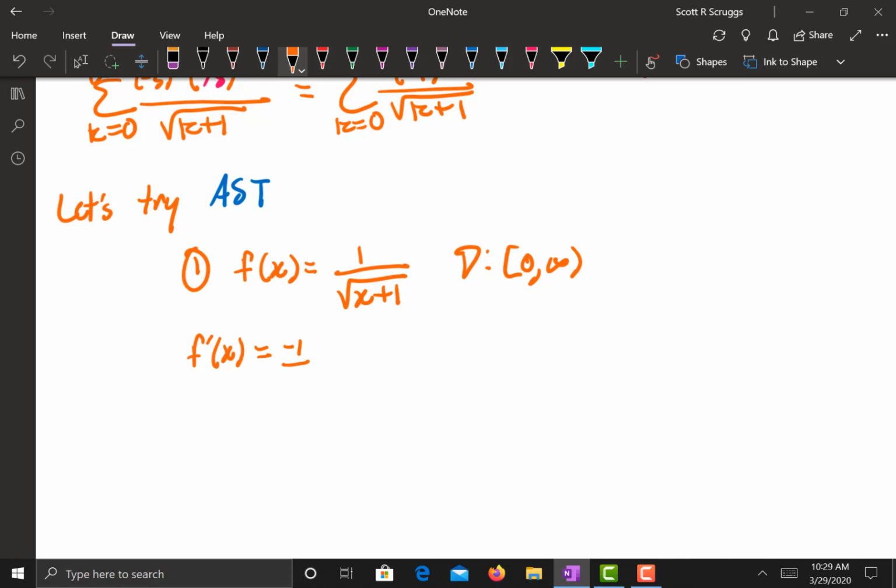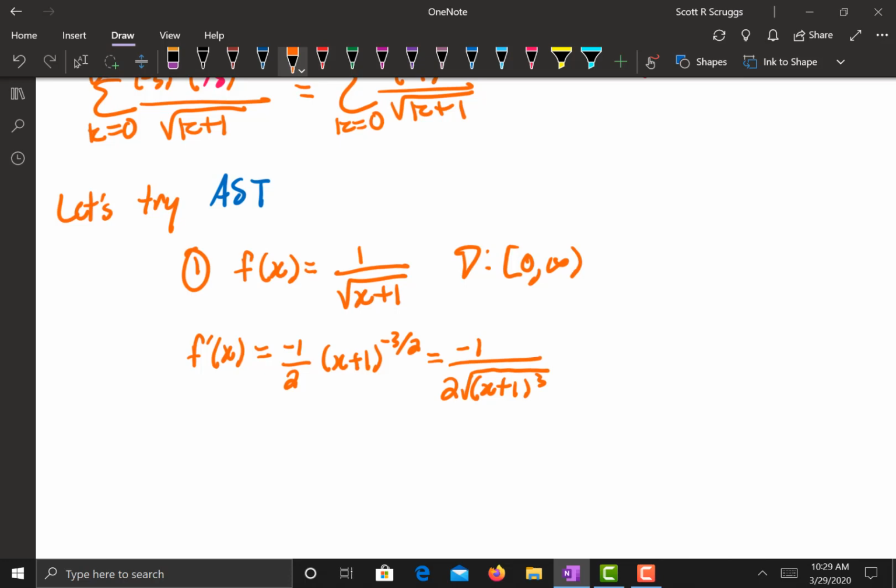If you take the first derivative by moving that over, you'll get negative 1/2 times x plus 1 to the negative 3 halves power, or negative 1 divided by 2 square root of x plus 1 cubed.